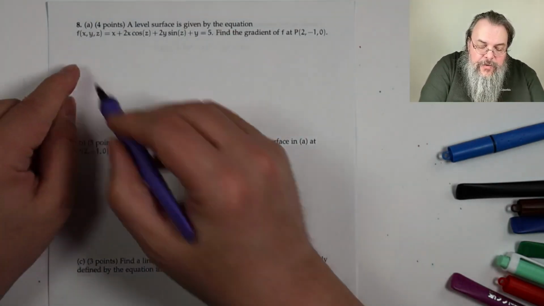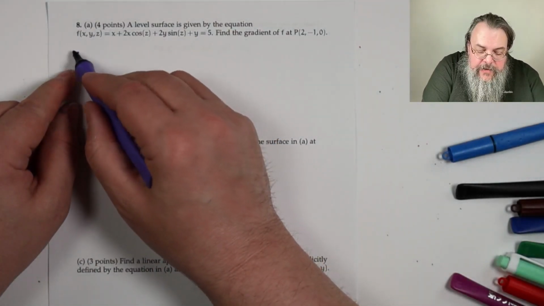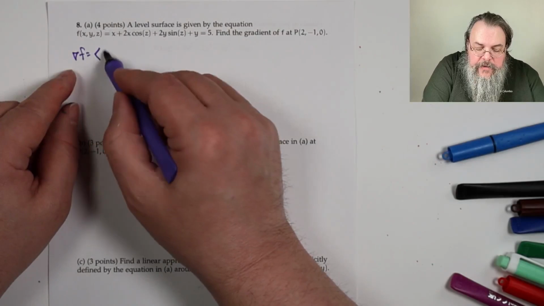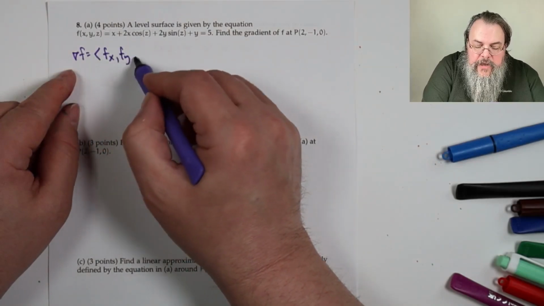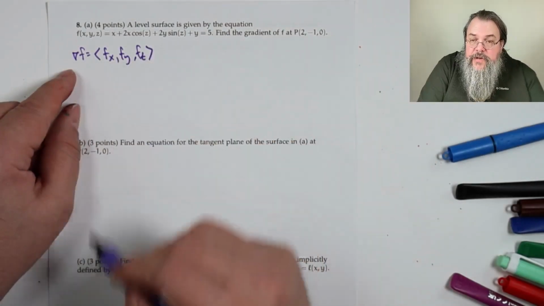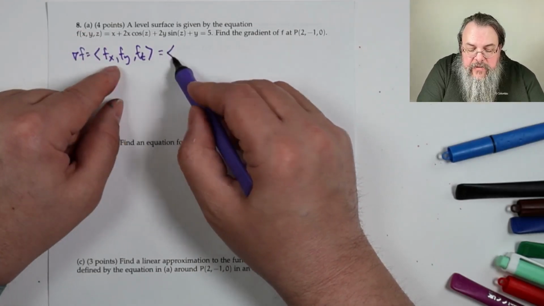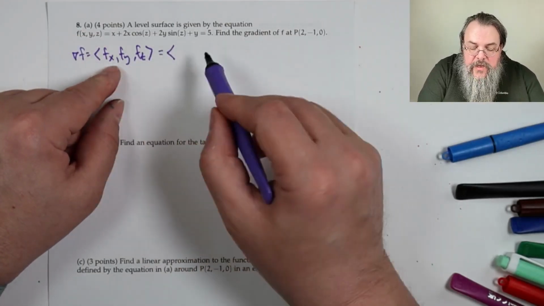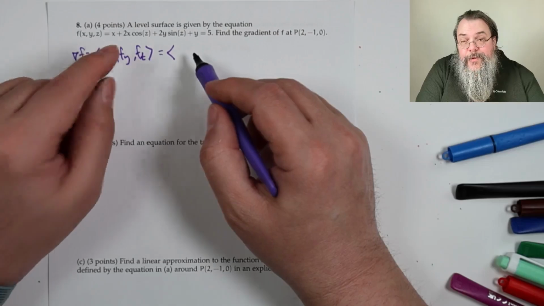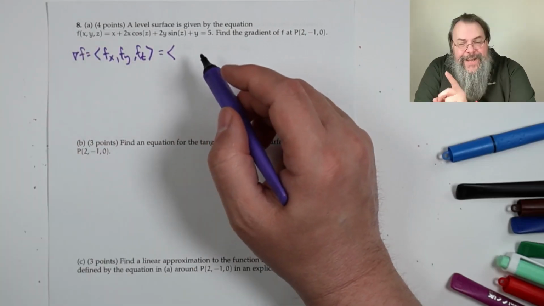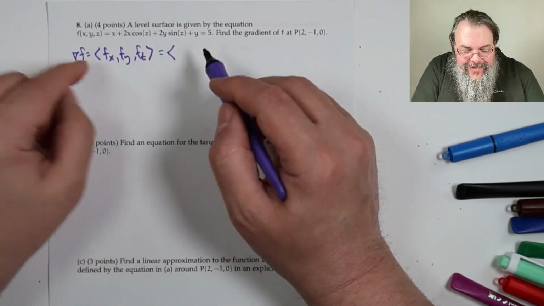And so we say, okay, well, the gradient of f is f sub x, f sub y, f sub z, the collection of the partial derivatives. So we go through, take the derivative with respect to x. Anything with y or z is constant. Be careful. We treat y and z like constants.